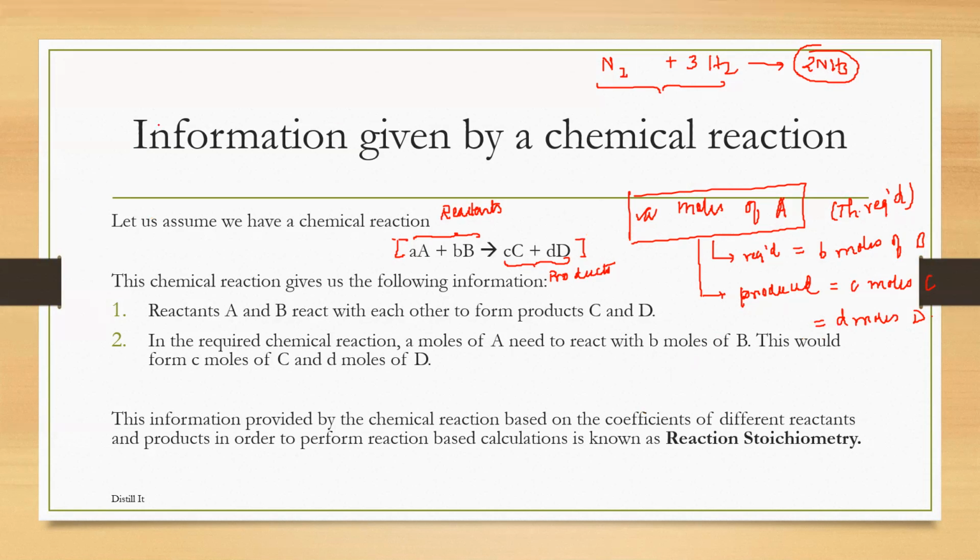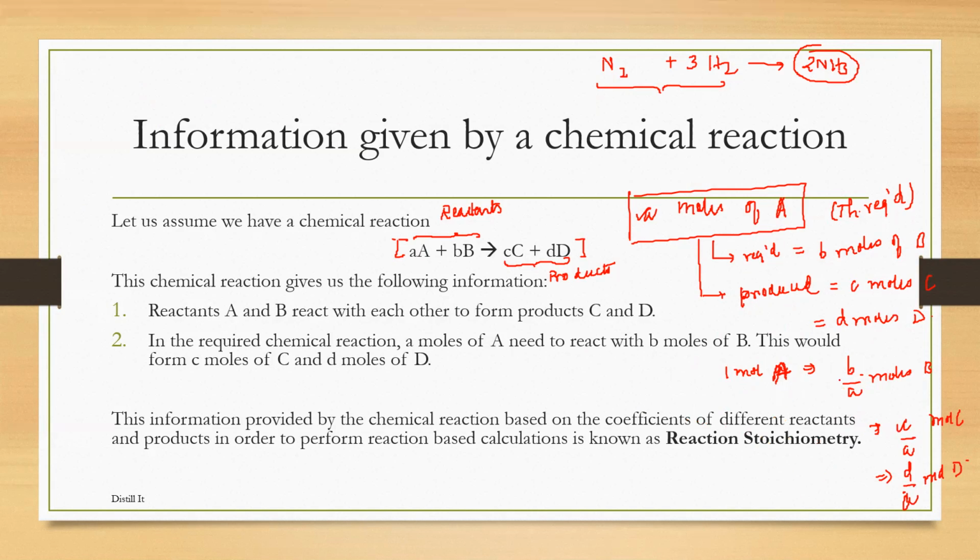So that means that if we have, let's say, 1 mole of A, then it requires b by a moles of B. If a moles of A require b moles of B, then 1 mole of A would require b by a moles of B. It would produce c by a moles of C and d by a moles of D. All right.